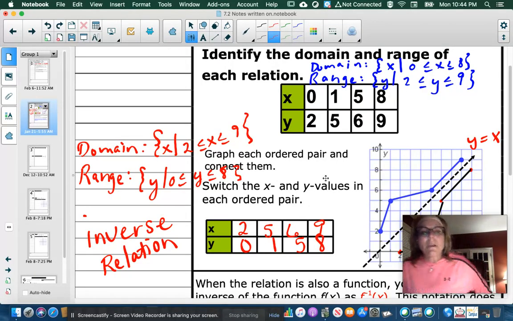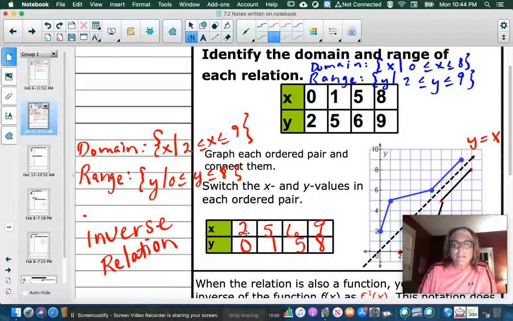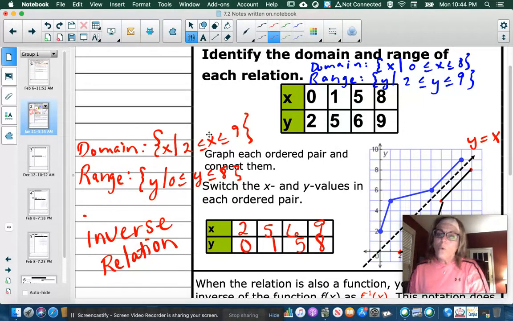And we can see that by looking. Now the x's go from 2 to 9 and the y's go from 0 to 8. But notice the domain of the original becomes the range of the inverse. The range of the original becomes the domain of the inverse, and that's because by the definition of inverses, you switch your x's and your y's.